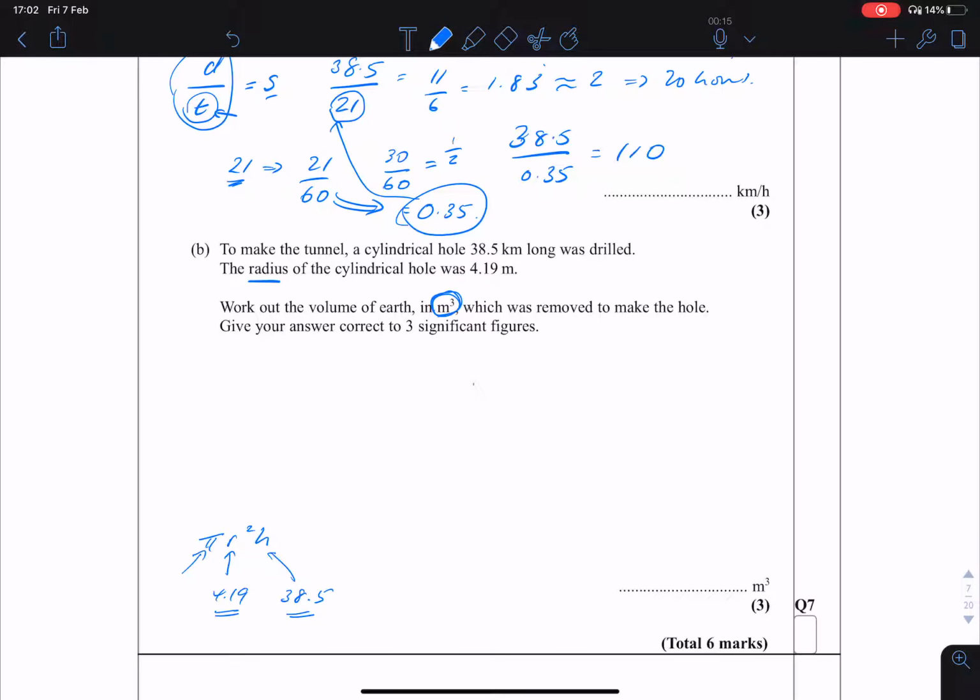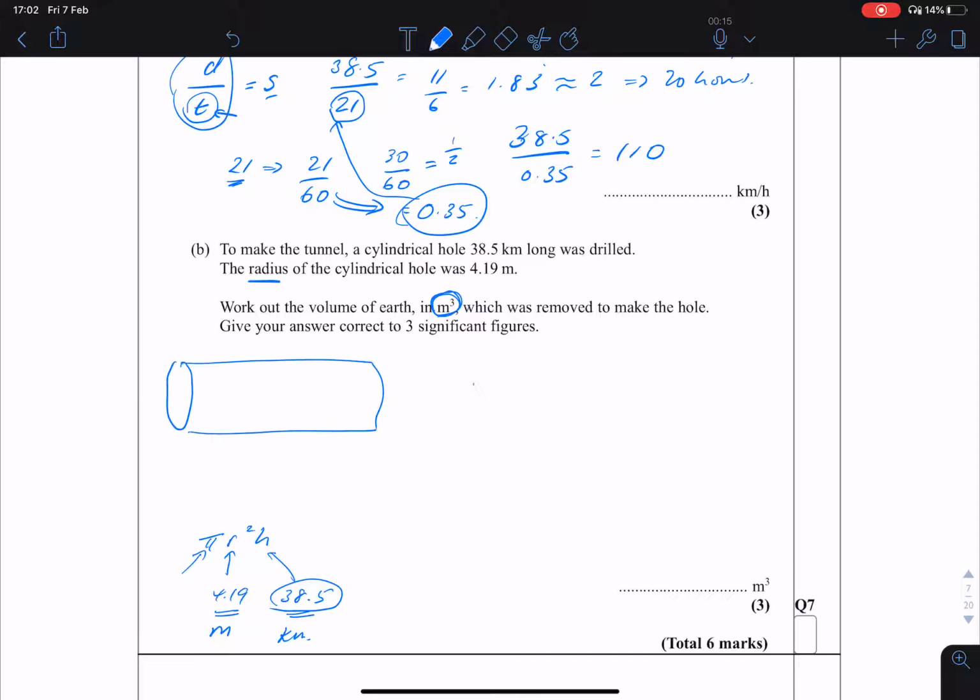We'll just draw another one like this. So we've got 4.19 meters, but we've got 38.5 kilometers, which screws things up a bit, and they want the answer in meters cubed. So what we're going to do is convert that to meters, so we're all using the same unit.